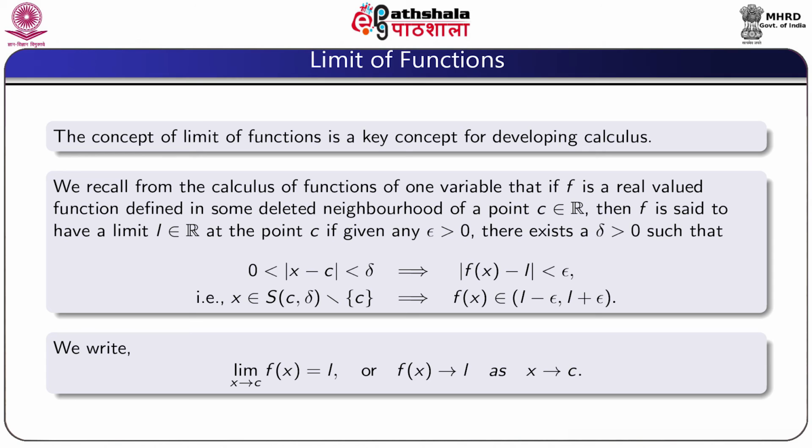That is, whenever x belongs to the deleted open sphere S(c, delta), then f(x) lies in the open interval (L minus epsilon, L plus epsilon). In such a case, we write limit of f(x) as x approaches c is L, or f(x) tends to L as x tends to c.